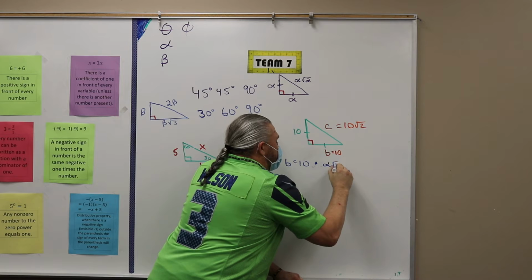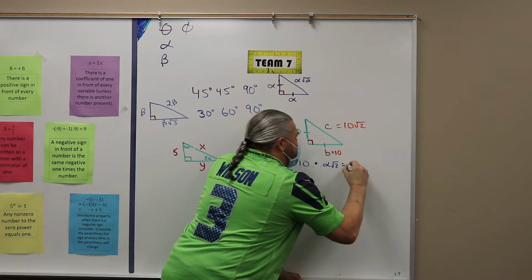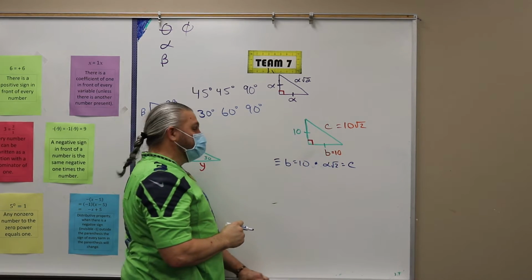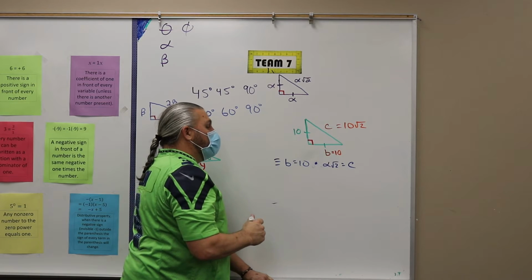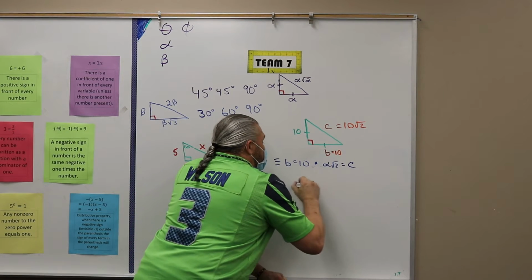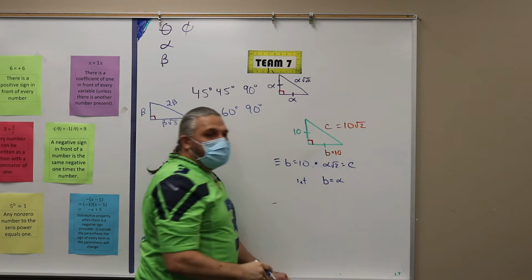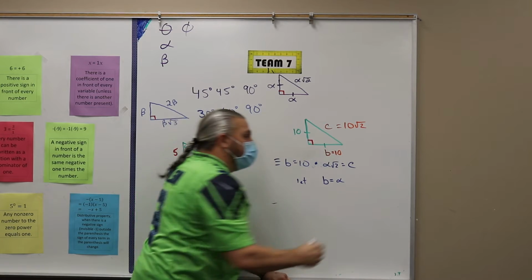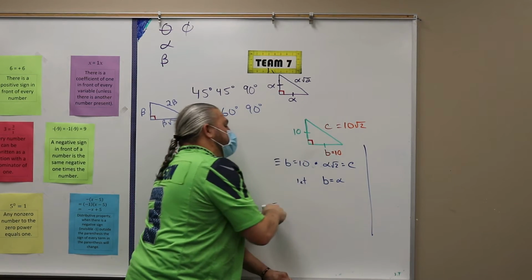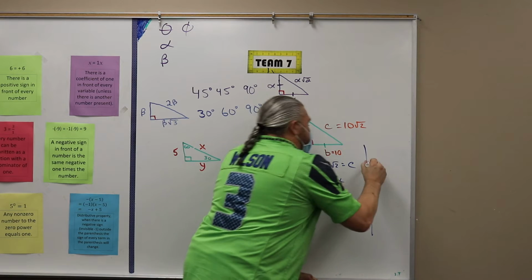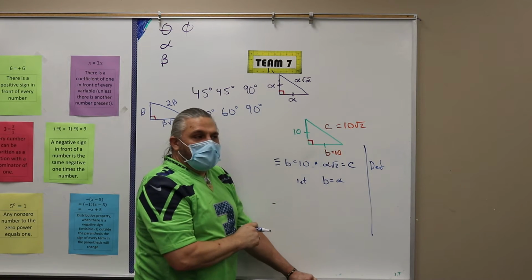Alpha square root 2 is equal to c. Let b equal alpha. Once you have that, this is the definition of what?